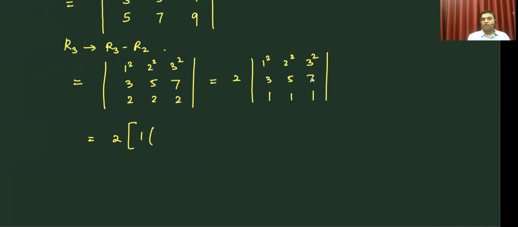Then you have 7 4s 28 minus 5 9s 45, minus, then this term, omit the row and the column, then you have 1 square into 7 minus 3 cube, 9 3s 27, plus 1 times 5 minus 3 into 4, 12.